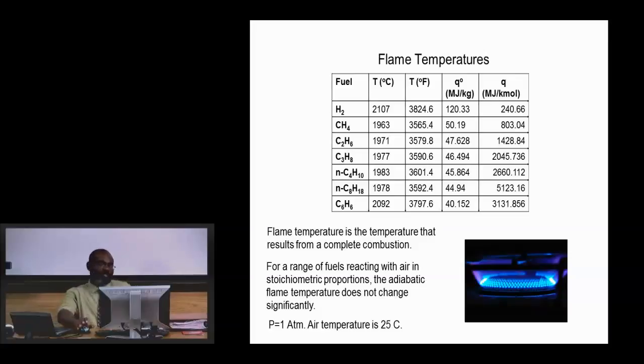But here I'm showing flame temperatures for a range of hydrocarbon fuels, except for hydrogen, which is just hydrogen, where the flame temperatures are significantly higher than what we talked about. These are experimentally provided flame temperatures, not computational. But you see it's all about 2,000 C, okay?